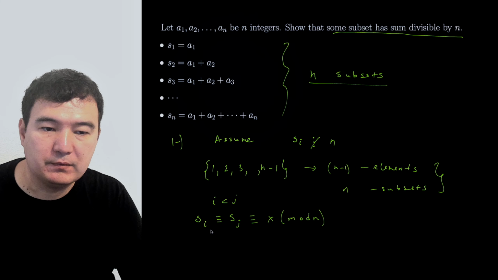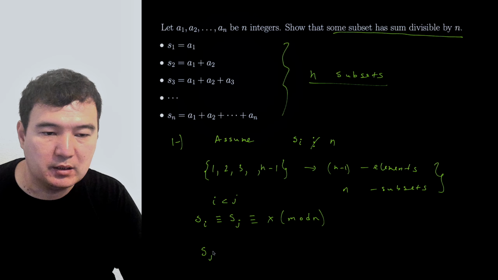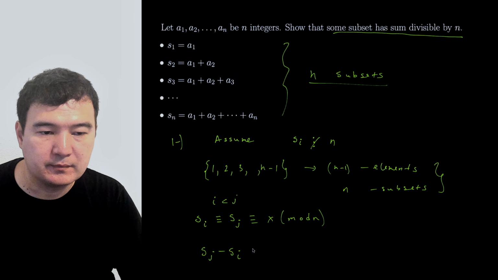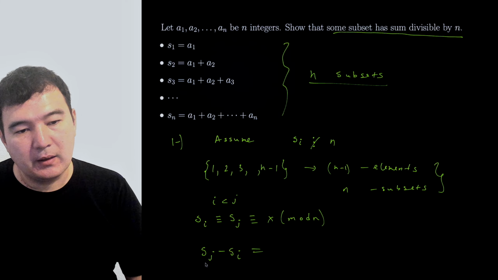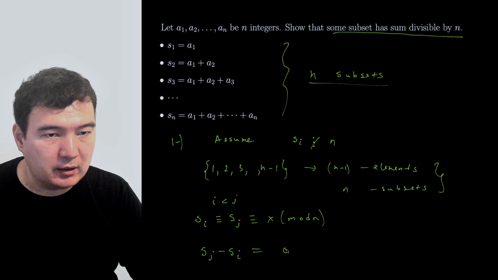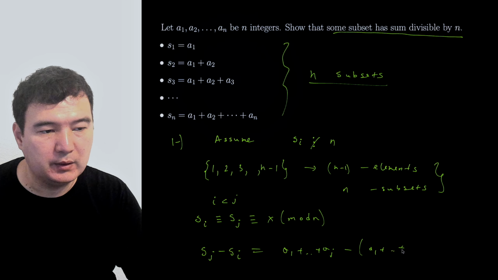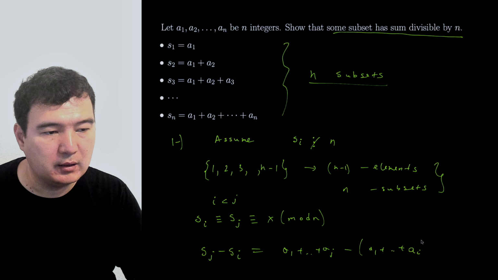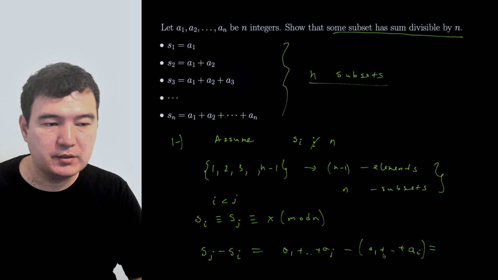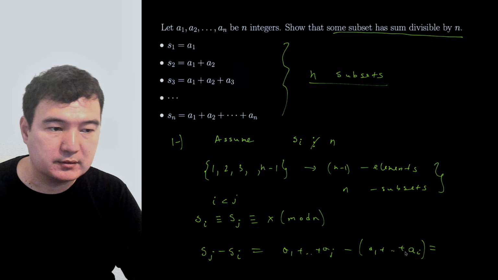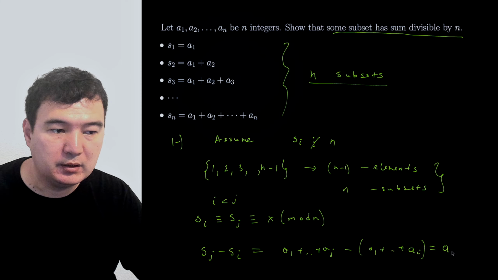What happens if I do the subtraction Sj minus Si? Sj is basically A1 plus up to Aj, and you are subtracting A1 plus up to Ai. So the first i terms get cancelled out. The result is going to be A(i+1) plus up to Aj.